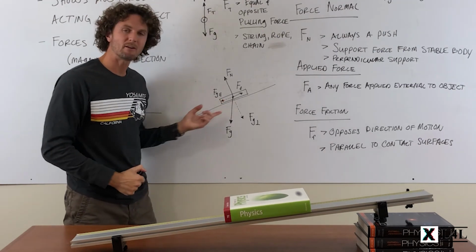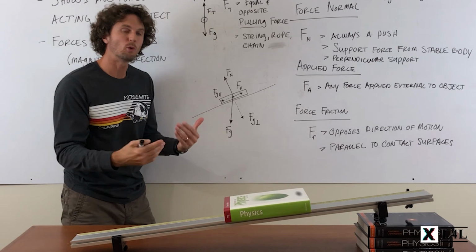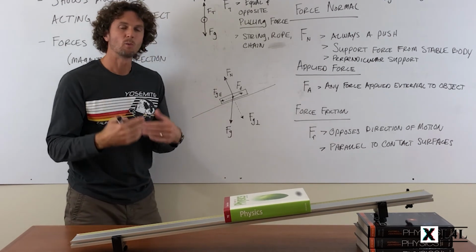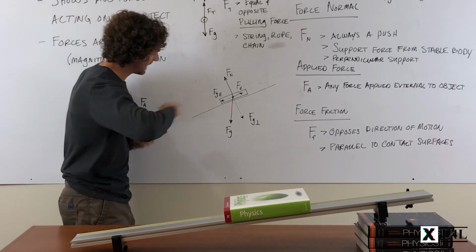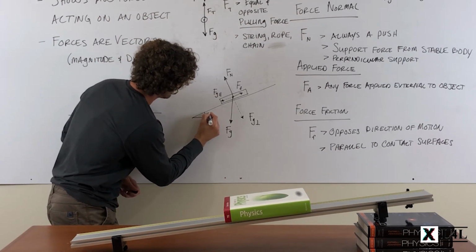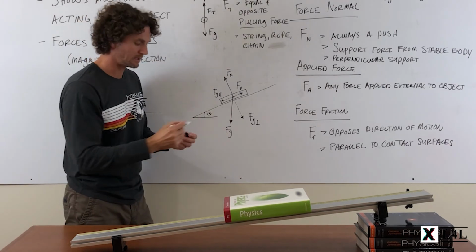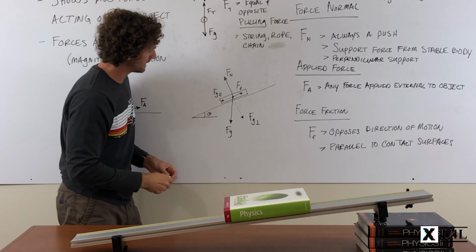So there is a parallel component of the force of gravity. These are the two components of the force of gravity with respect to the inclined plane. Now, there is an angle here that is being created, the angle of the incline, which is down here relative to the table, and here's the inclined plane.